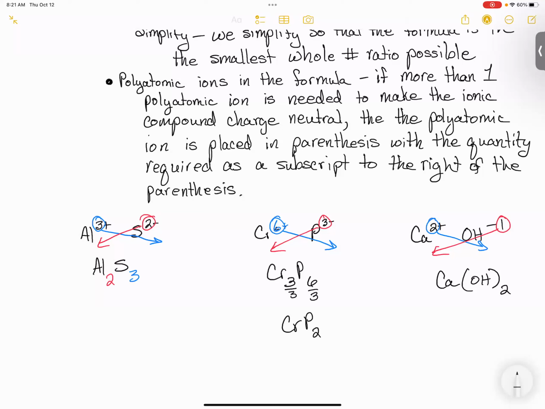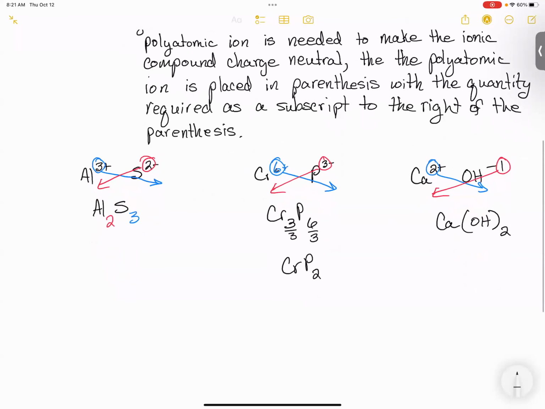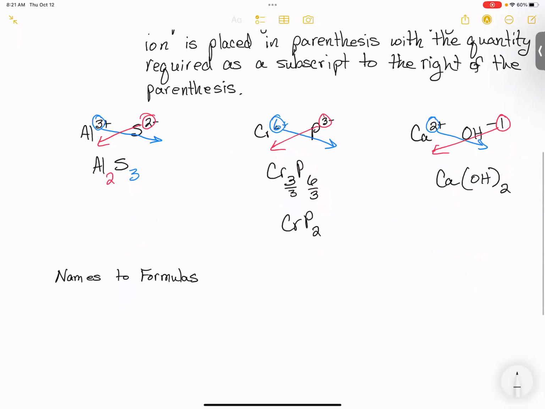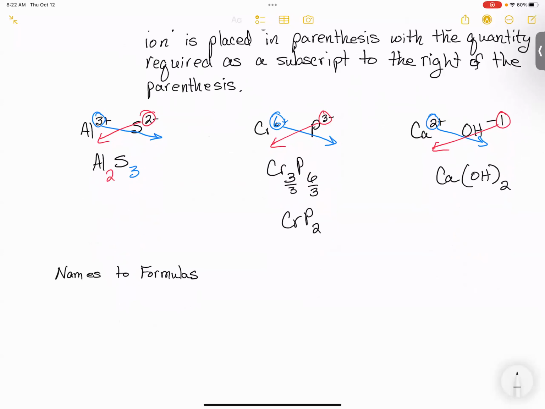Okay, so this is if you're given the ions, but let's talk about going from names to formulas. We're only going to add 1 step, folks, to what we've been doing. If you're going to go from name to formula, the first thing you're going to do is translate the name into the appropriate ions.